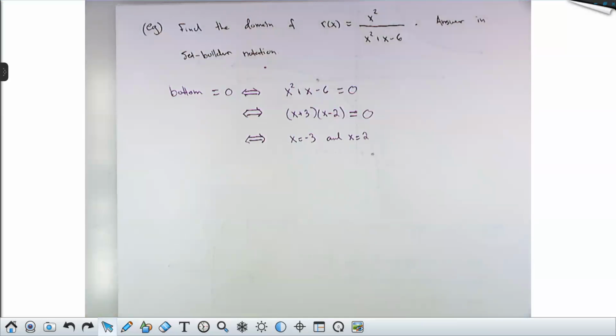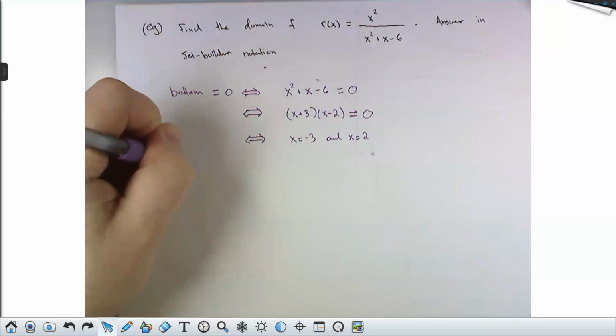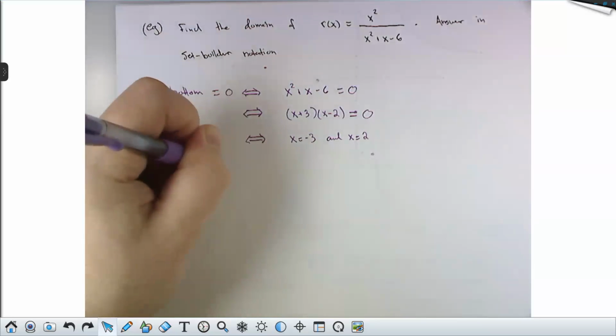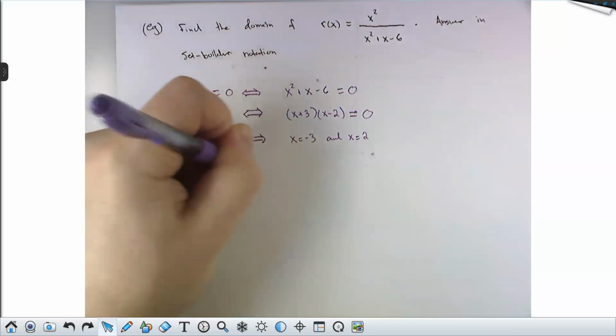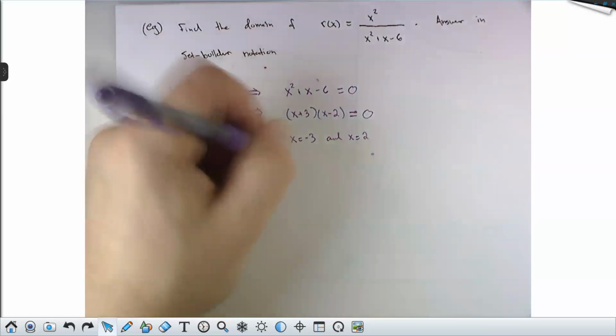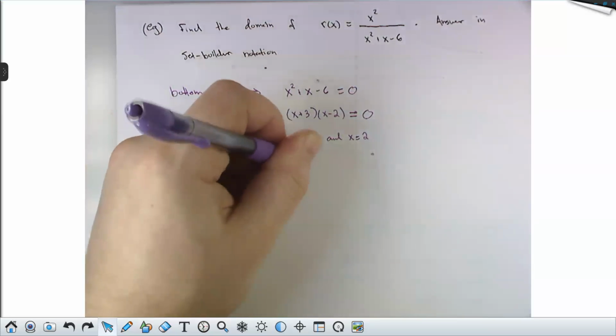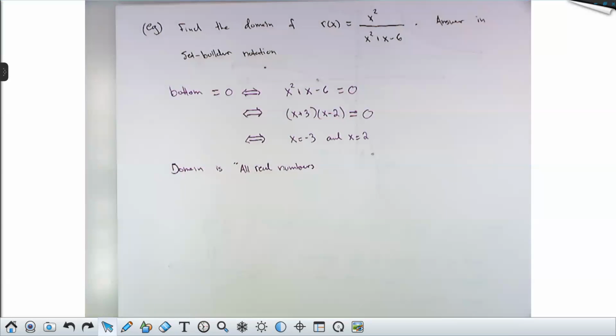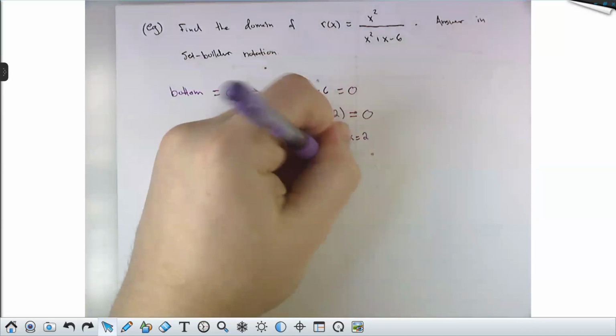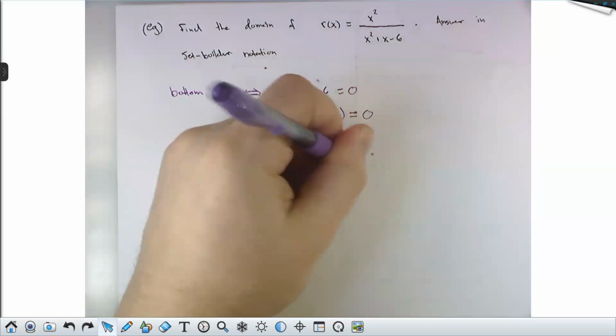This tells me that my domain is all real numbers except for these guys, right? All real numbers except for the numbers that make the bottom 0.